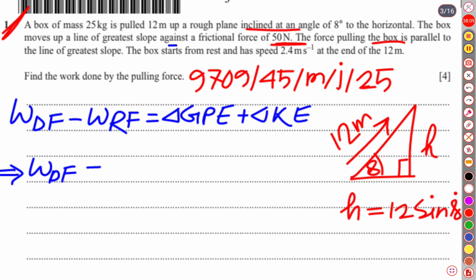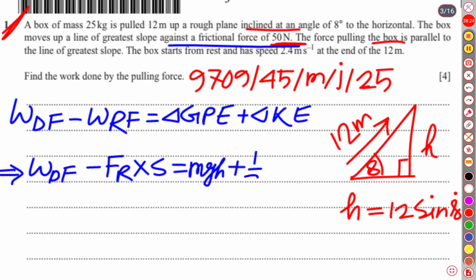That means frictional force is already given. We know the work done by force is force into displacement. And change in GPE is mgh, and change in kinetic energy is half m v squared.